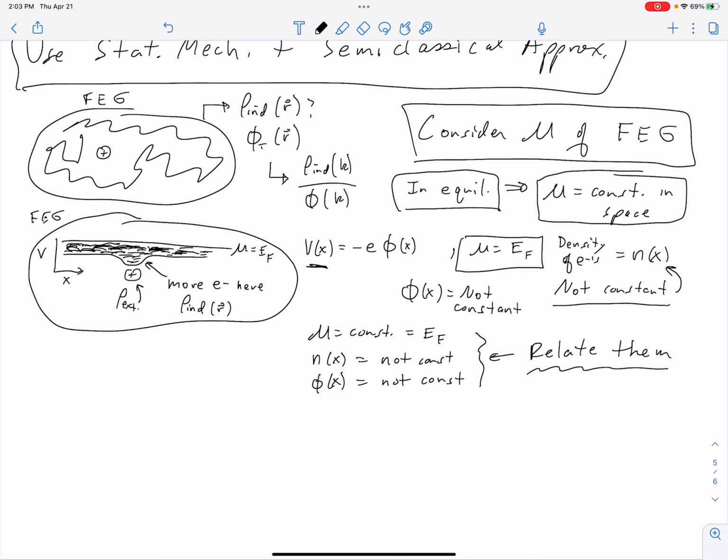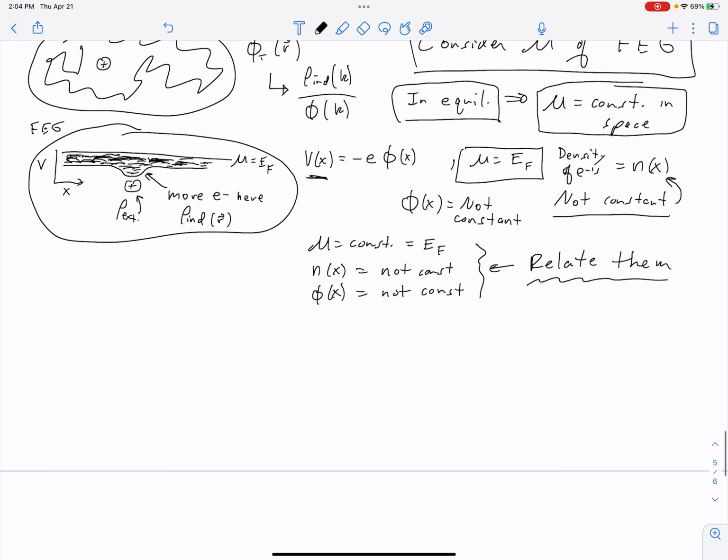Well, the way to relate them is, we make the assumption that the chemical potential mu, which is a constant, has two parts.